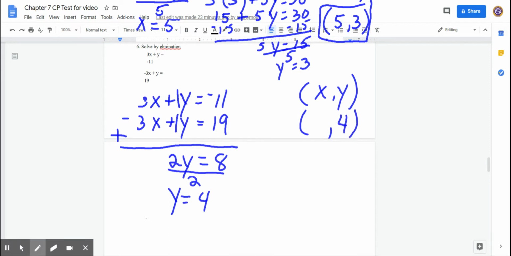Well, we know y, so now we have to find x. So if we know y equals 4, again, we go to the beginning and we choose one of the equations to use. I'm going to choose the 3x plus y equals negative 11. I'm going to put in 4 where I see y.